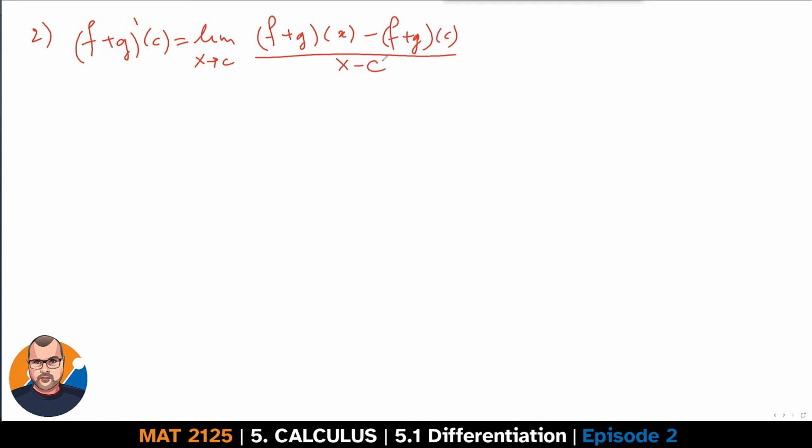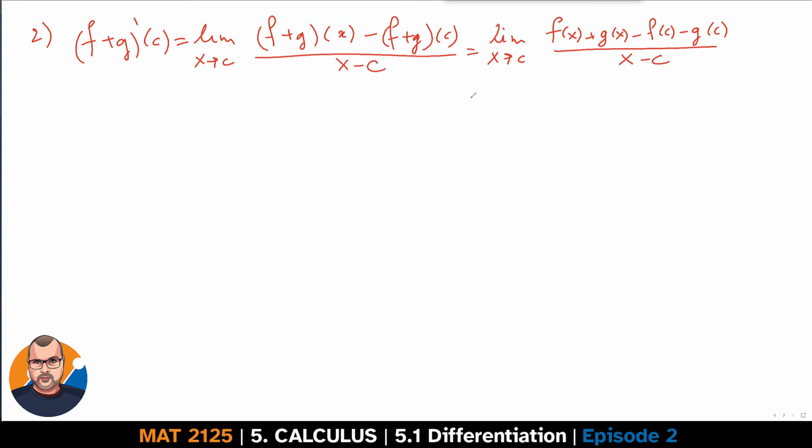Now we play a pretty similar game to prove all of the other statements. What can we say about the derivative of the function f plus g? Well, assuming the limit exists, it would be equal to this quantity. That is the definition of the derivative. And by construction, this would be f at x plus g at x minus f at c minus g at c divided by x minus c.